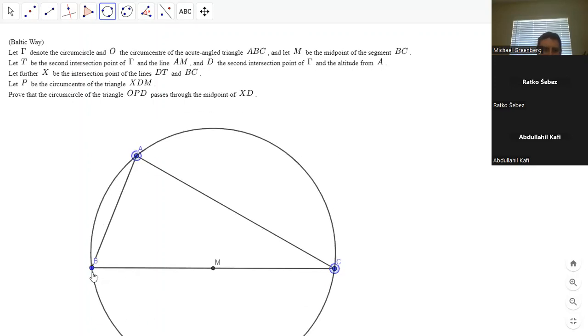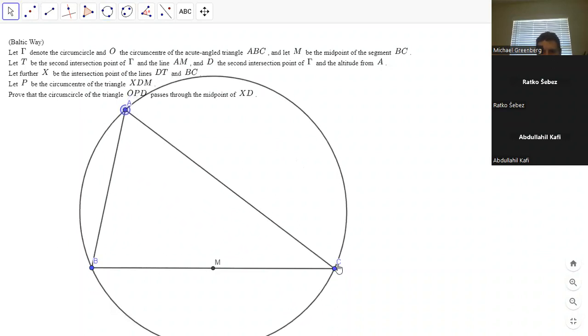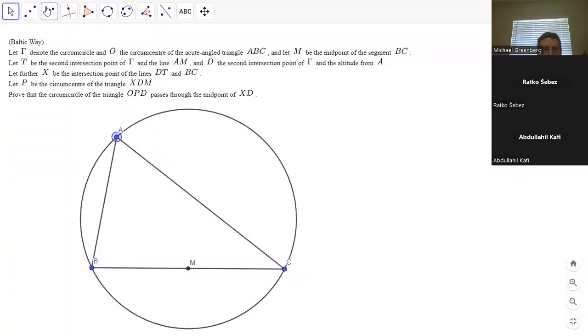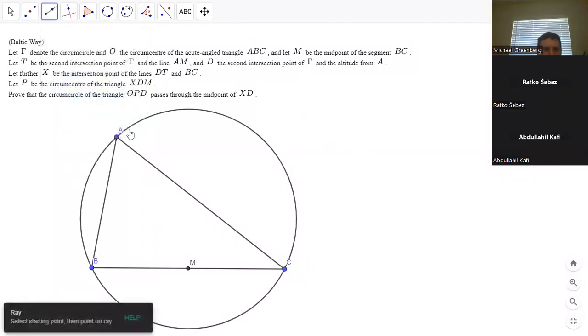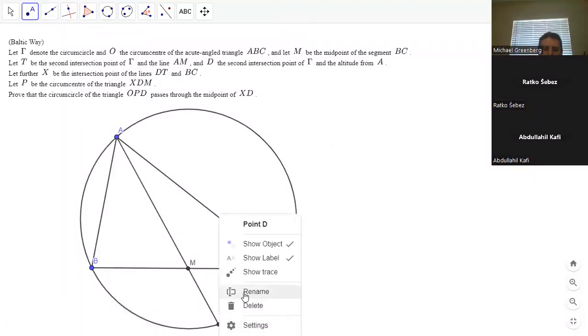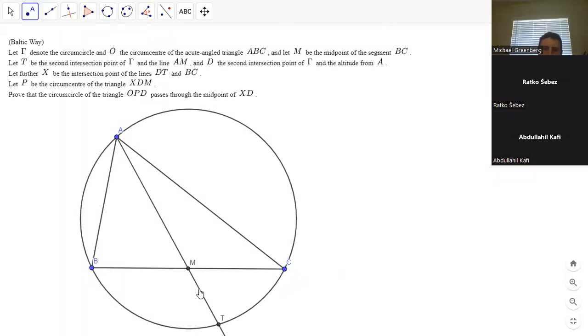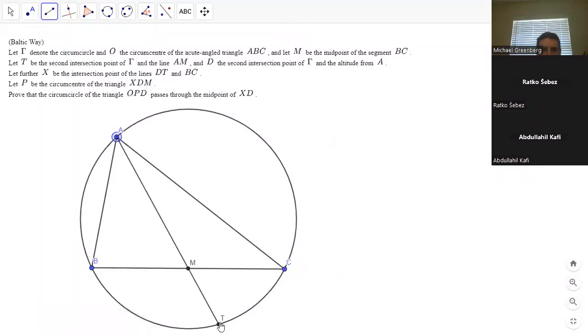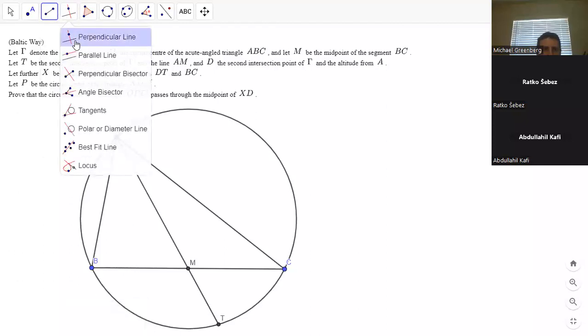C, A, B. And we have T. Yeah, the thing is, once I create the new tool, I'd still have to rename stuff, but it would still be easier than doing all this. So it's T. D is the intersection point of the circle and the altitude from A.